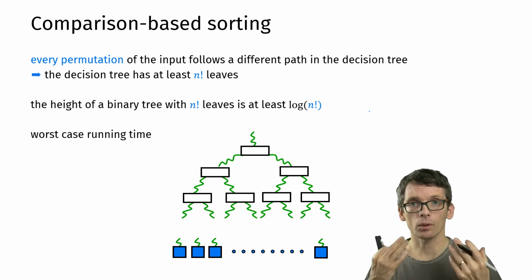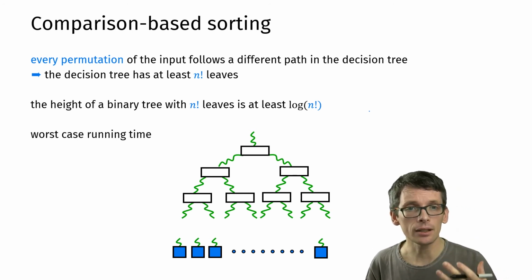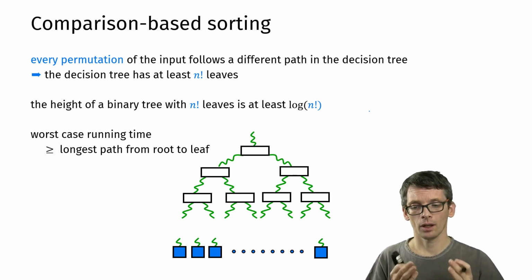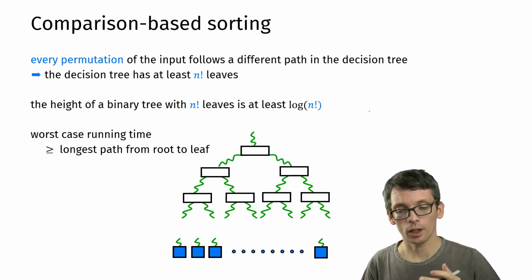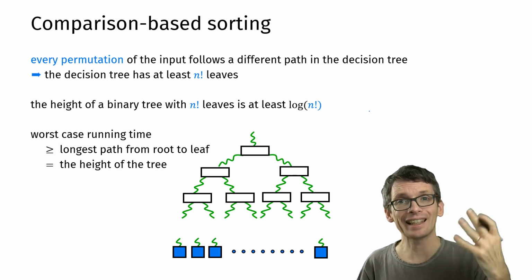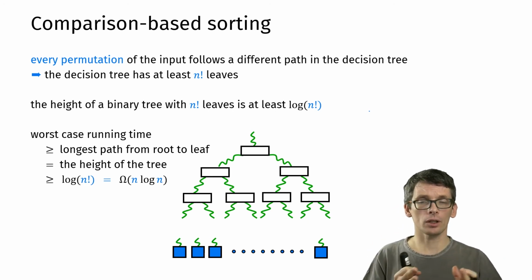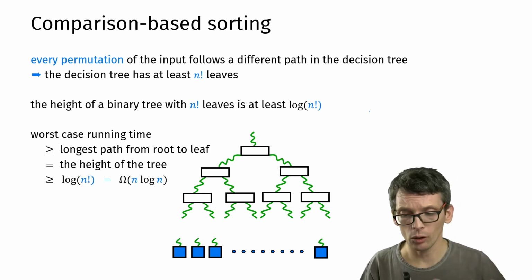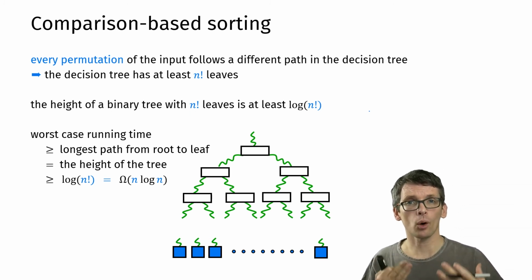That means that the worst case running time, or the worst case number of comparisons, is at least as long as the longest path from root to leaf, which corresponds to the height of the tree, of which we know that it is at least log of n factorial. So now we just need to know how much is log of n factorial. So log of n factorial is of order n log n.